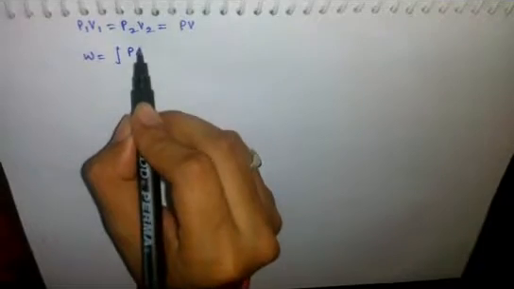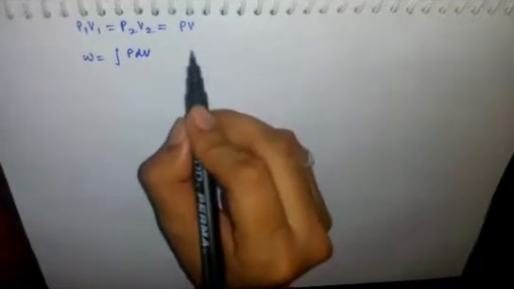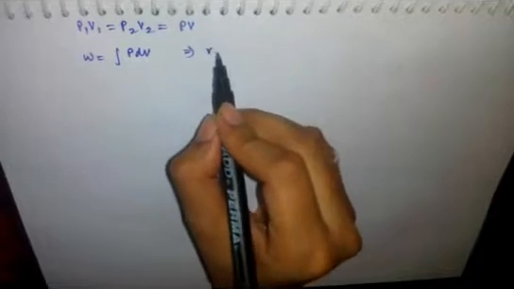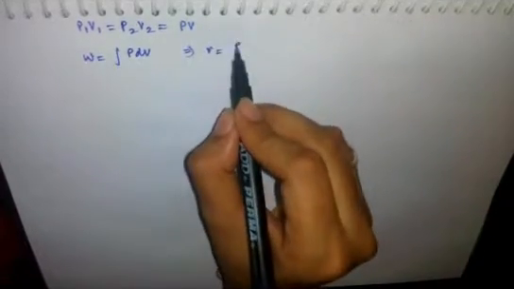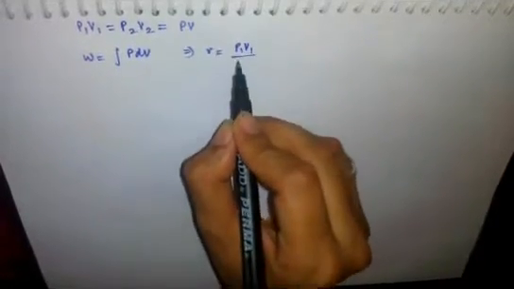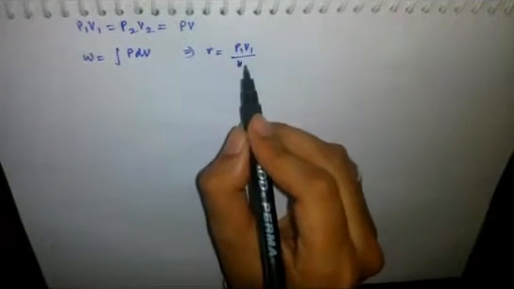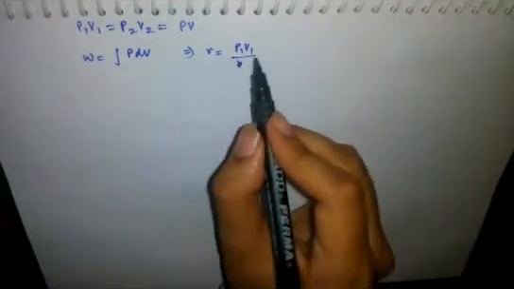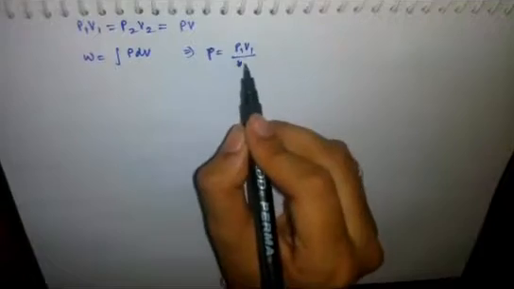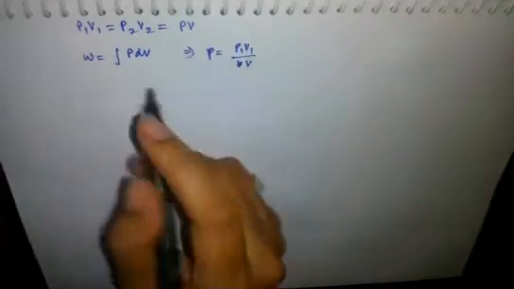Now work done will be the integral of P into dV. From this equation, P will be P1 V1 upon V. We are putting this in this equation.